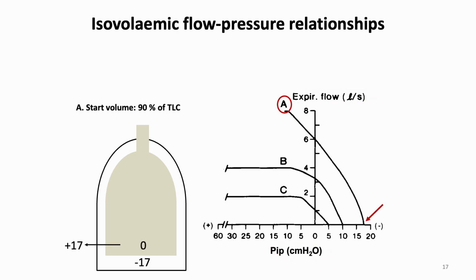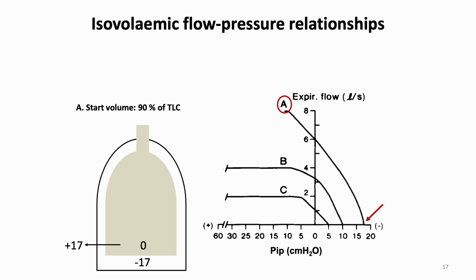Okay, let's start with the A line. Here at the A line, the individual is at a volume that is 90% of his or her total lung capacity, and the subject performs a series of forced expirations.